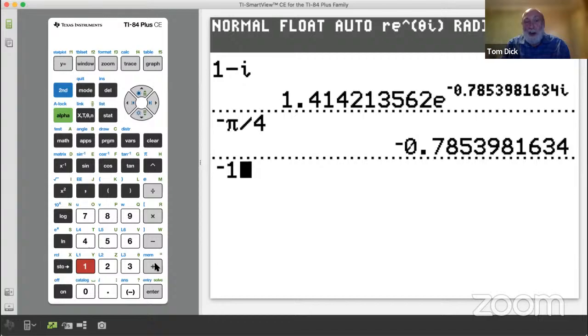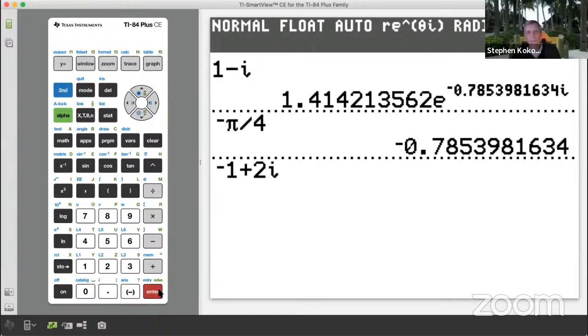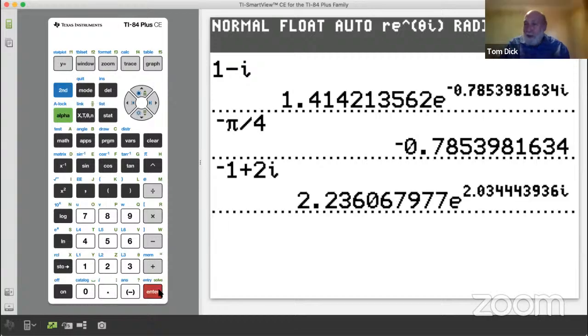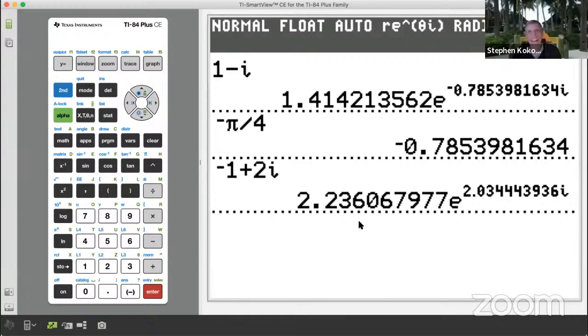I would enter that as -1 plus 2 times i. Now it's giving me the radius and the angle theta. I can read off of that. You did the earlier ones very nicely with some nice multiples of pi for your angle. This is probably some radical form, I think it ended up being square root of 5 or something like that. But that's a way you could do this conversion. It brings you into the complex numbers with that.